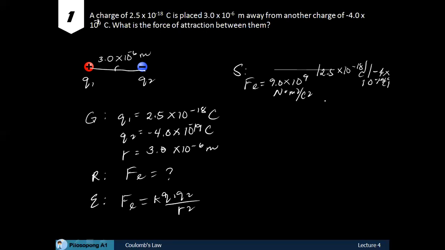So you see, we use the absolute value of the charges since it will affect our determination of where the force is going to. Later we'll find out the direction of the force. Divided by the distance, that's 3.0 times 10 raised to negative 6 meters, and that is squared.